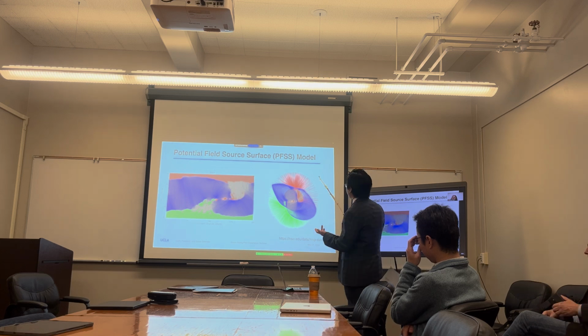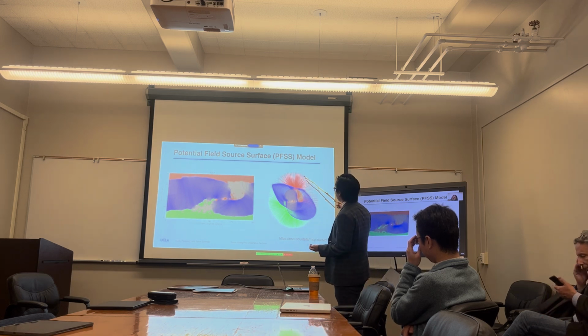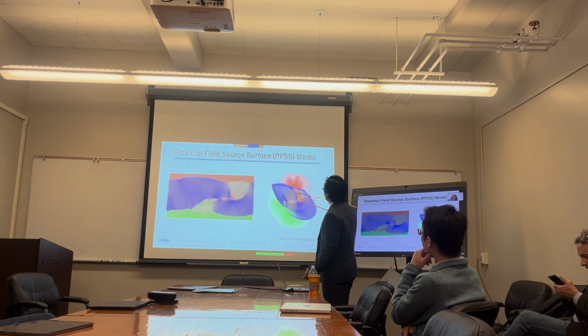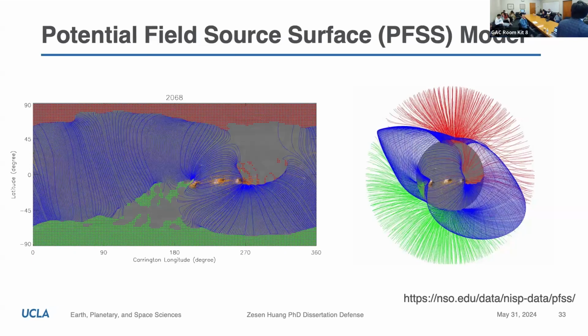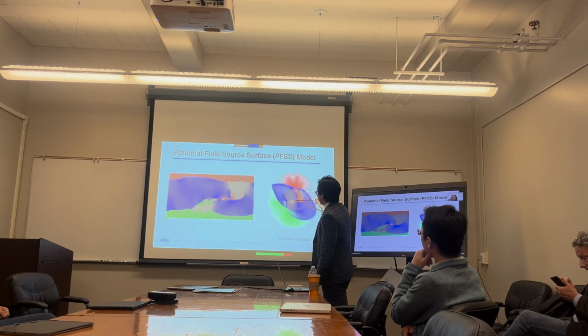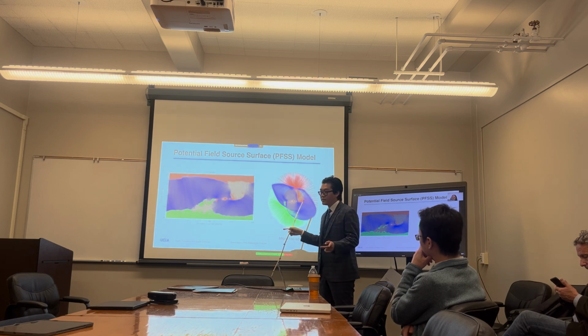Well, what is the potential field source surface modeling? It's called PFSS. It's a technique which assumes that there's a source surface somewhere, usually at 2.5 solar radii above the solar surface, and assumes that at the source surface, all the field lines are purely radial.